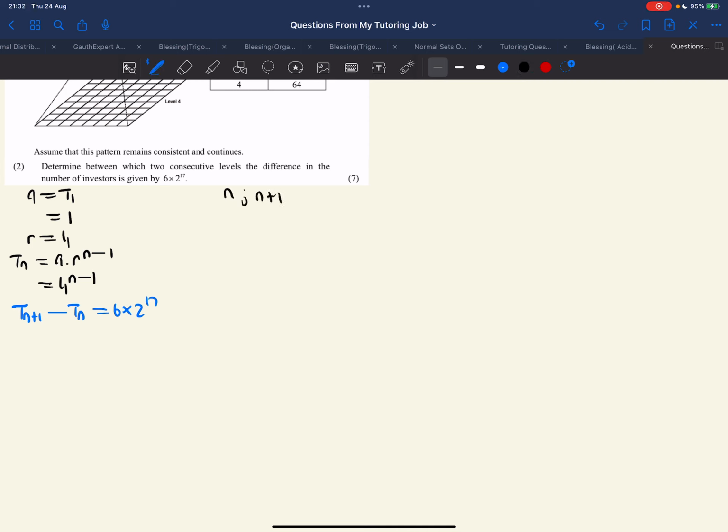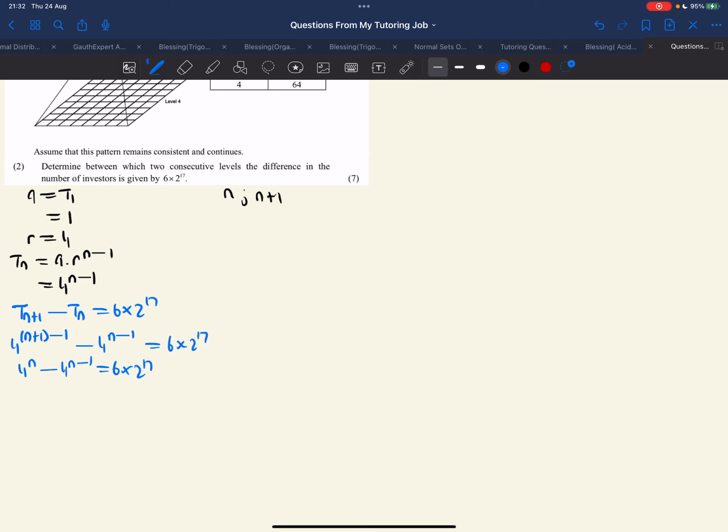Now if we find t(n+1) using the general term of this geometric sequence, it's going to be 4 to the power of n plus 1 minus 1, then minus tn, which is just 4 to the power of n minus 1, and we have 6 times 2 to the power of 17. That becomes 4 to the power of n minus 4 to the power of n minus 1 equals 6 times 2 to the power of 17.